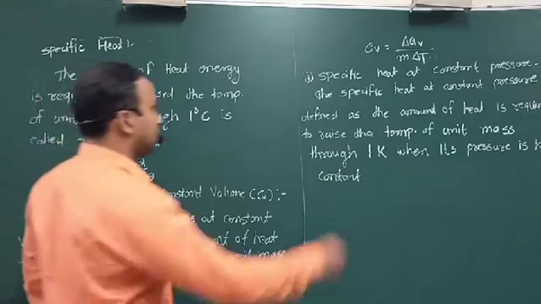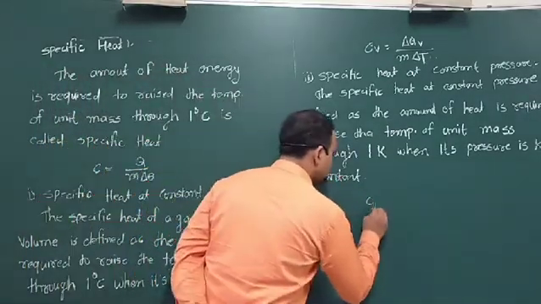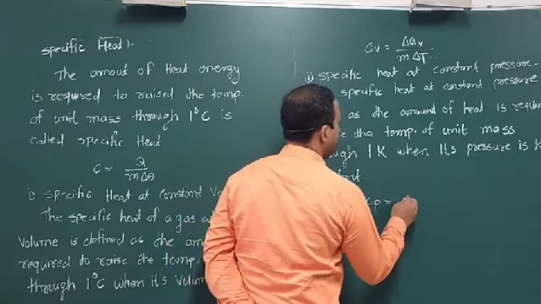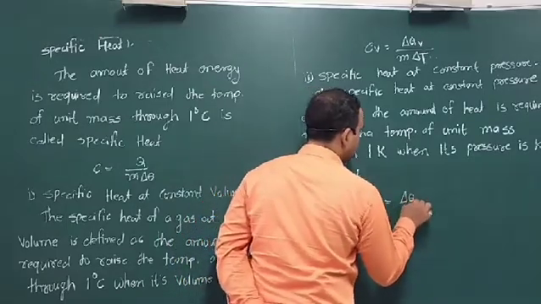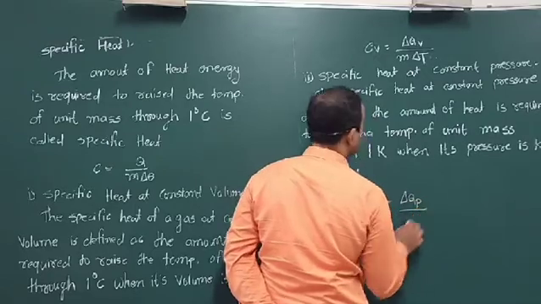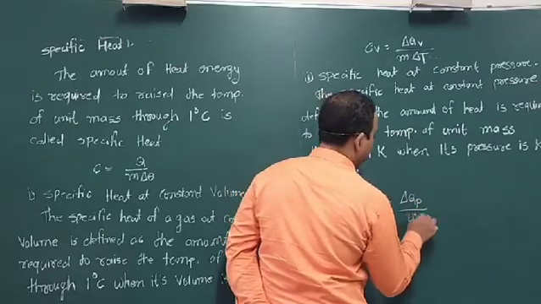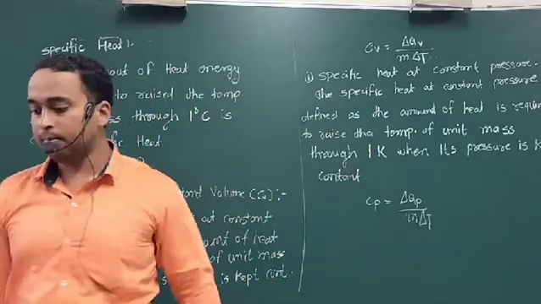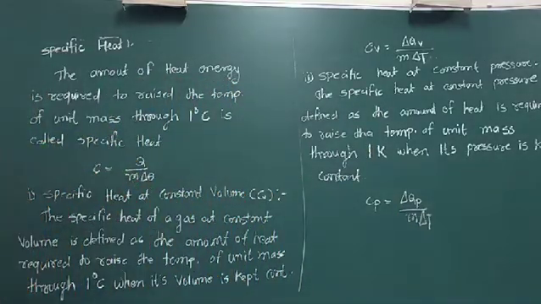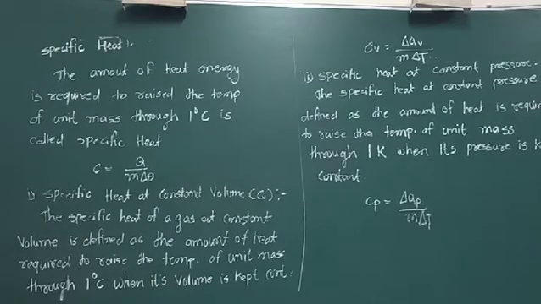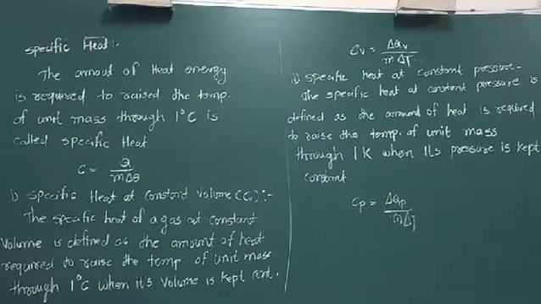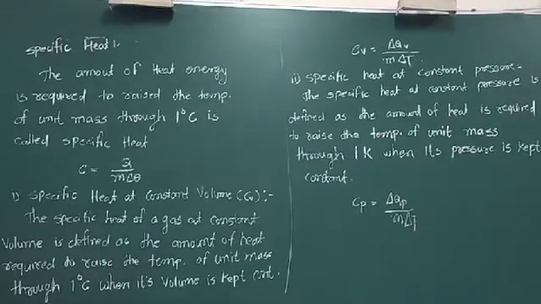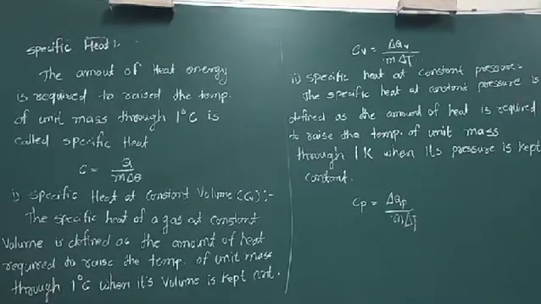So specific heat at constant pressure is denoted by Cp, which is equal to delta Q at constant pressure divided by m into delta T. This is the specific heat at constant pressure. Now I again repeat: what is the specific heat?